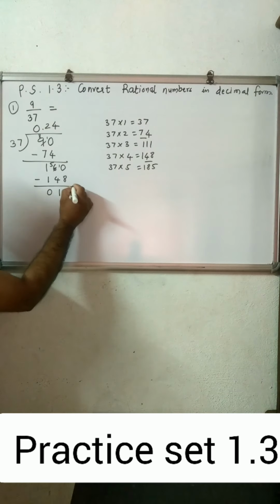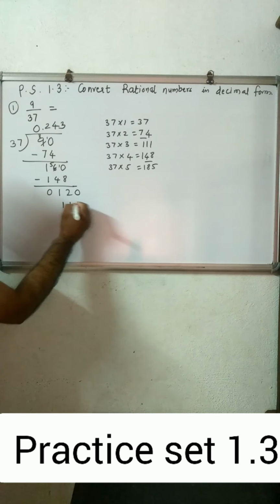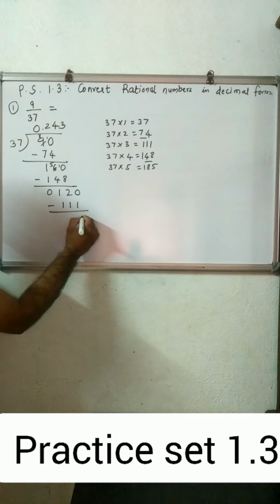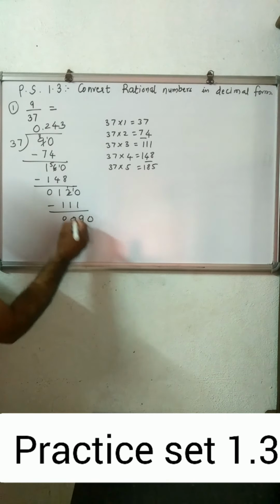Again 0. 37 1s are 37, 37 2s are 74, 37 3s are 111. Again subtract, 10 minus, again 90.